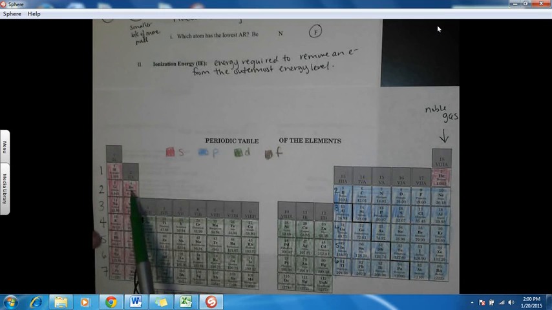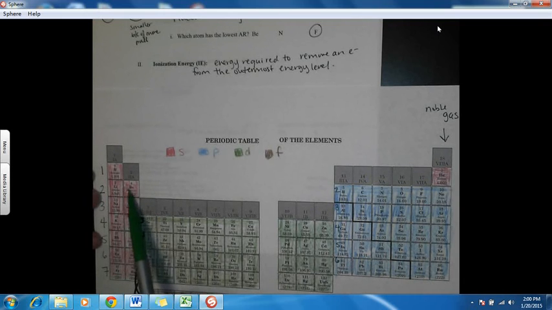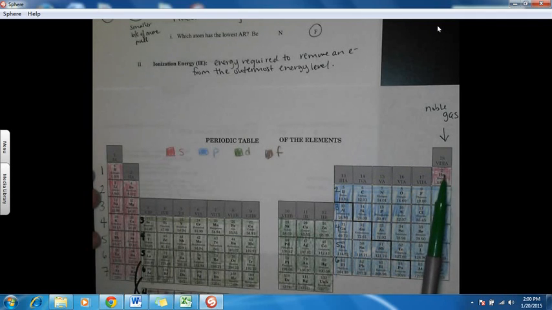Likewise with beryllium, it too will want to do that. Okay? A little less than lithium because it's going to have this full subshell right here. But it still would want to get to this noble gas configuration. And then we have boron.